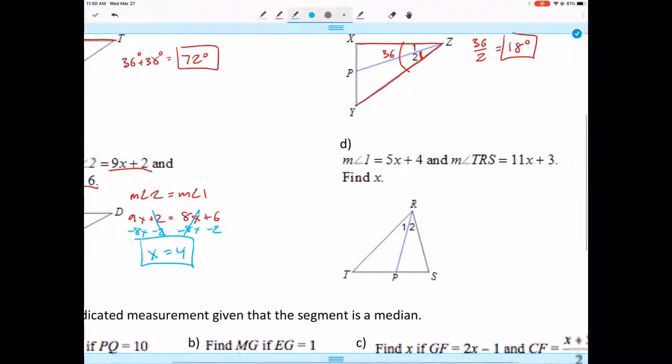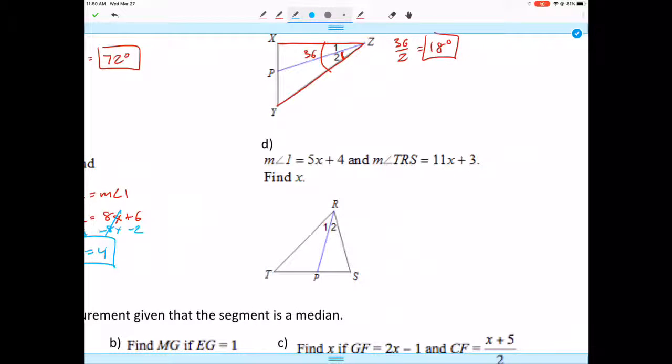All right. And then D, they give us measure 1 right here. And they also give us measure TRS. So TRS is the whole angle. They want us to find x. All right, so you may want to think about that, maybe pause and see if you can do this problem by yourself.